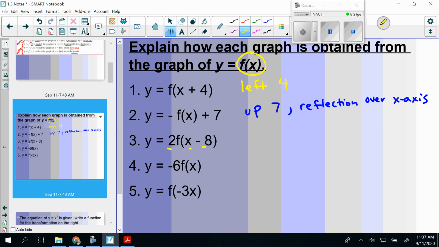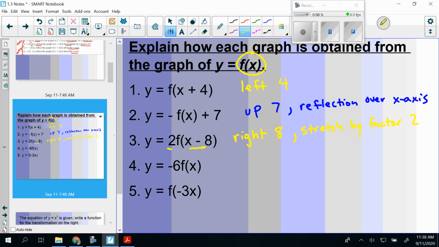The -8 inside, that's sliding because it's added or subtracted. And remember, inside's opposite and horizontal. So that's going to slide it right, because it's opposite of what we normally do, right 8. And then our 2 over there is going to stretch by a factor of 2.